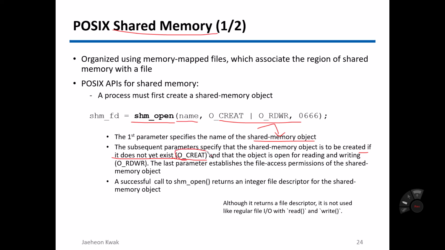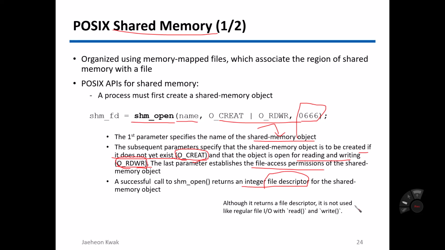So that is the creation permission, and for reading and writing the shared memory, we also need read and write access. And the last parameter is relevant to the file access permission. By calling this, we can create the shared memory region, and we will get an integer file descriptor. Also, this function returns a file descriptor.